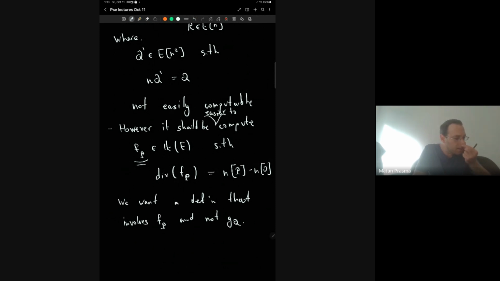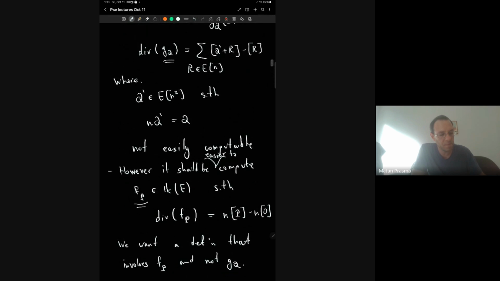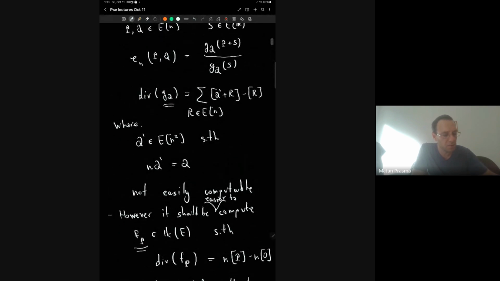We will not have time to show that the definitions I give are indeed equivalent to the original definition we saw of the Weil pairing, but I can tell you what the main ingredient is.